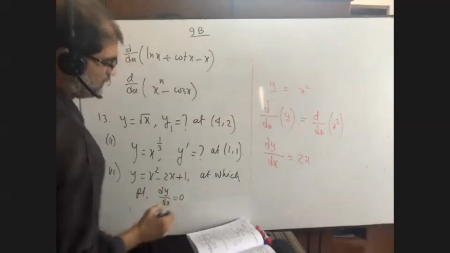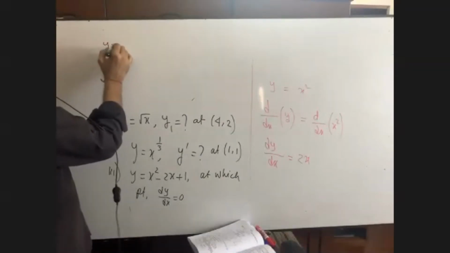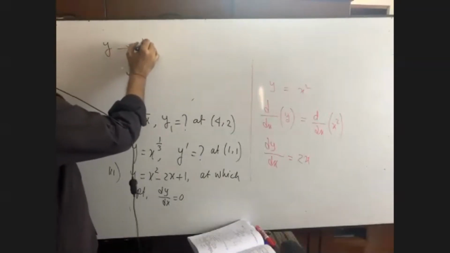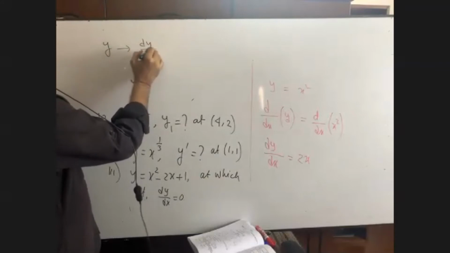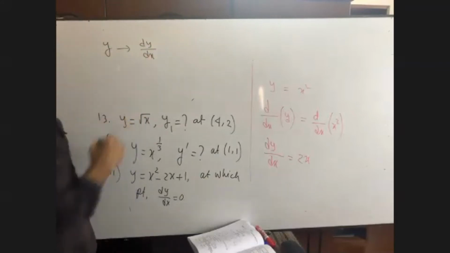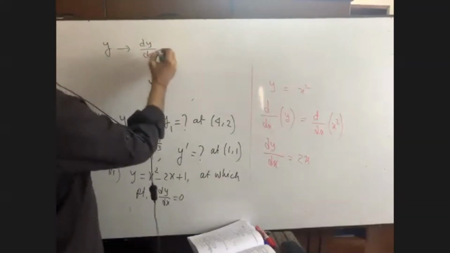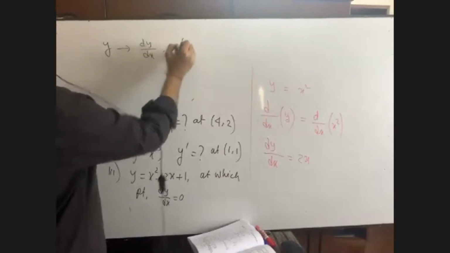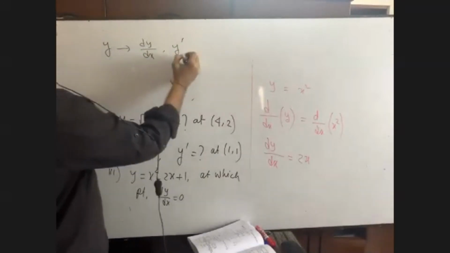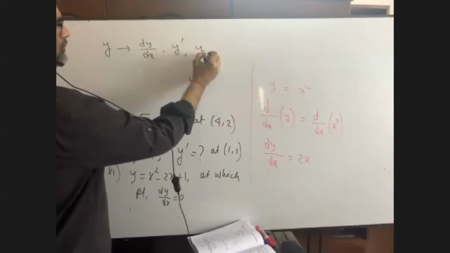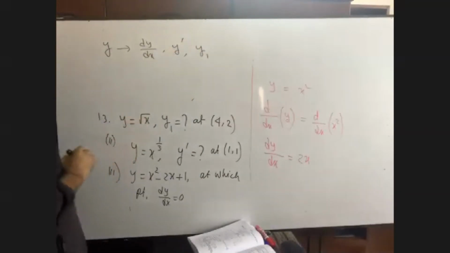You get or take 5 minutes. Its first derivative is dy by dx. Its first derivative is y prime. Its first derivative is y1. Any of these two can be written.